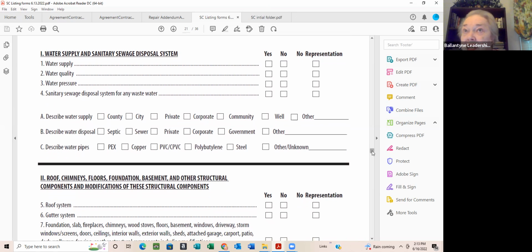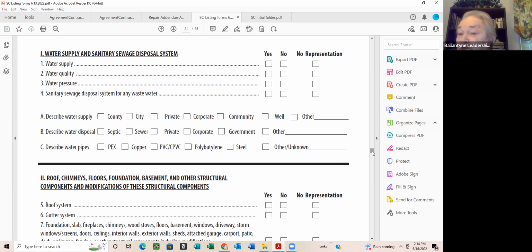Now, there are several sections of questions. Again, you are encouraging the seller to answer these questions as honestly as he or she knows. You cannot make them disclose something that they don't want to disclose, or disclose it differently than they want to. You cannot fill this out. You can be there and kind of guide them through it, but you cannot fill it out.